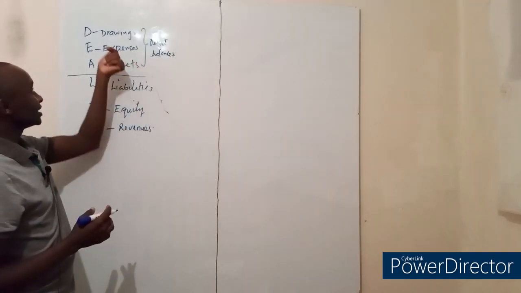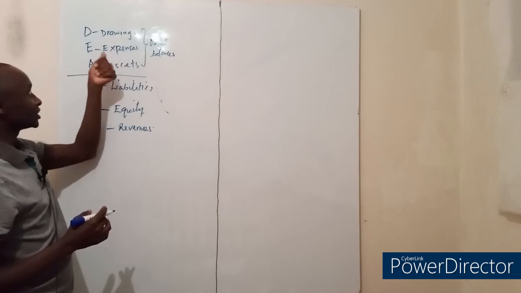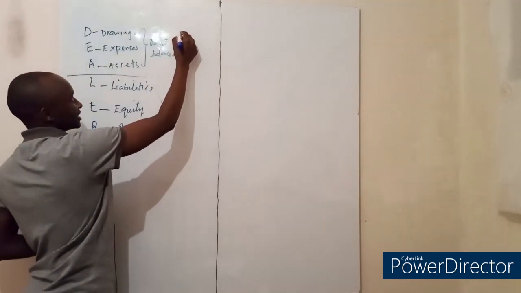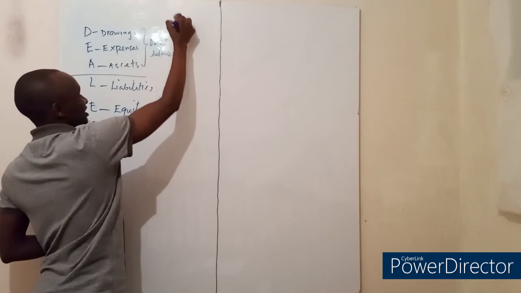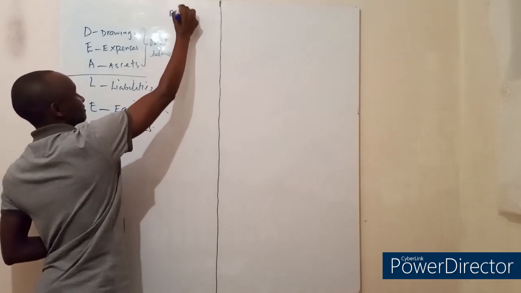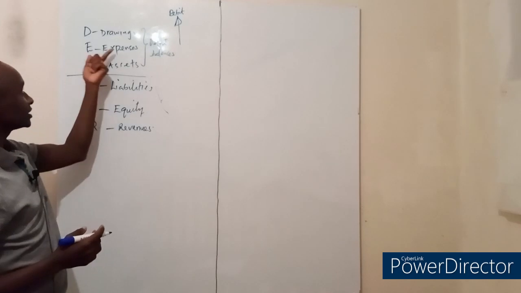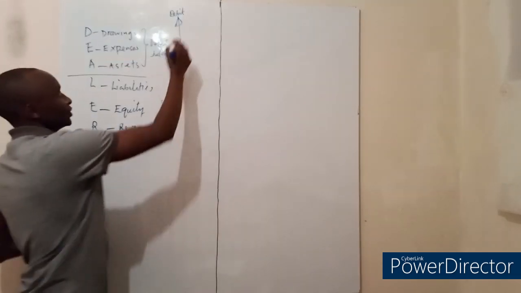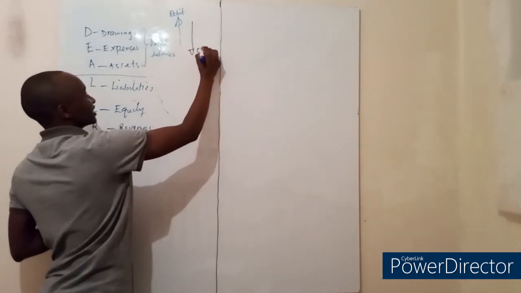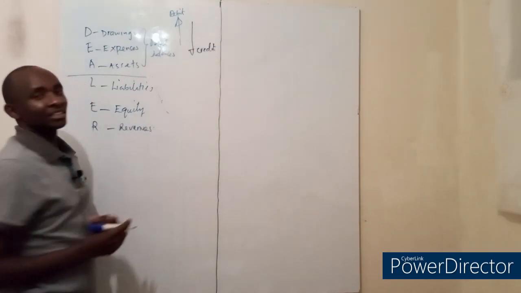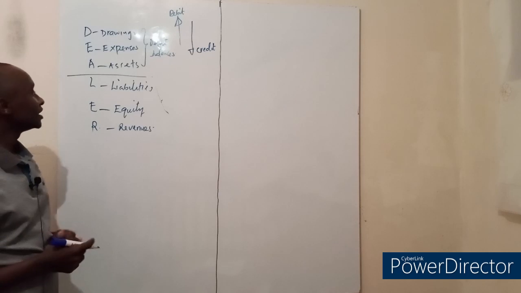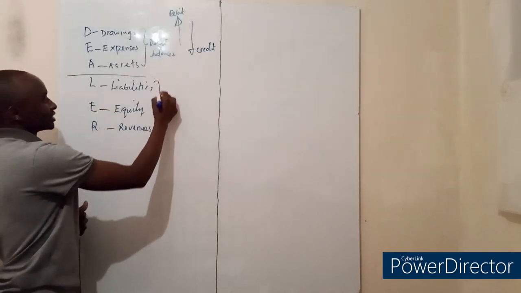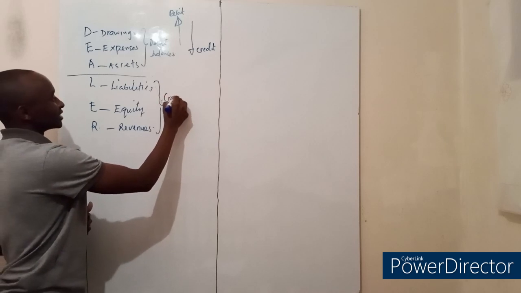Increasing any of these, the drawings, expenses, and assets, you increase them on the debit side. Decreasing either of these, you decrease on the credit side. That is what we said, right? And then liabilities, equity, and revenues have got credit balances.